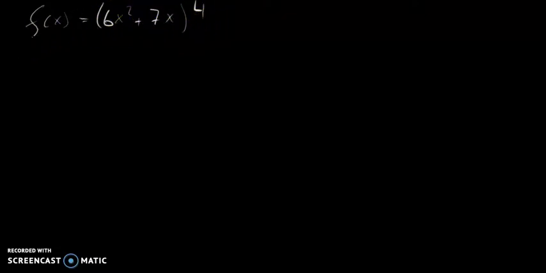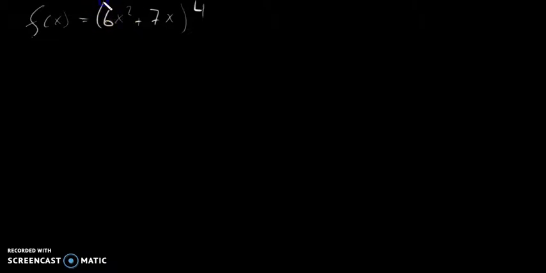So the first thing to solve that using the chain rule is we need to identify what the inner function is. What do I mean by that? Well, what is being affected by an operator? What is the outermost operator that is affecting the most things?